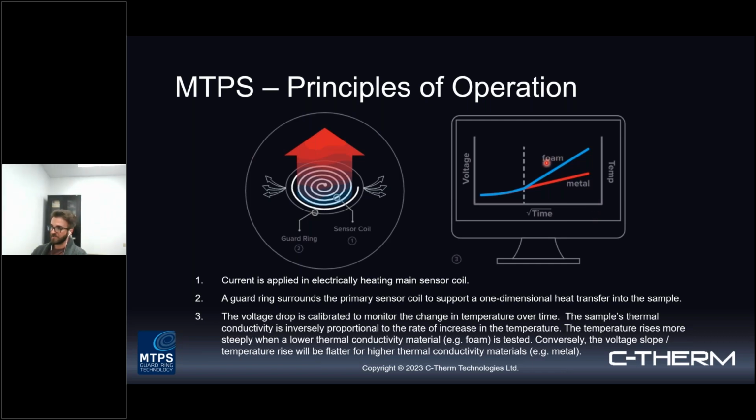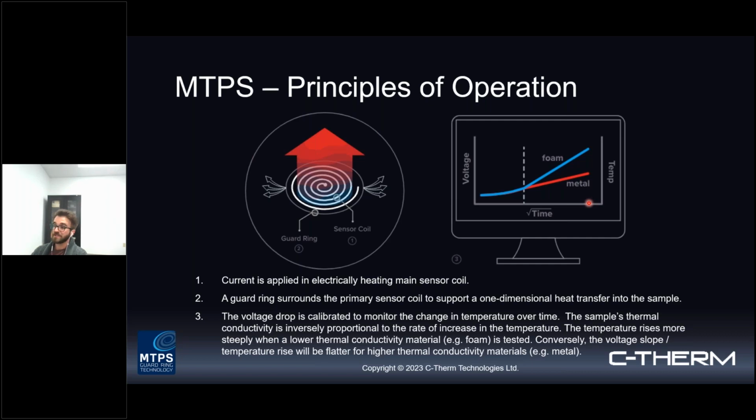As you can see, different materials, we have an example of a foam and a metal, which are really at two opposite ends of that thermal conductivity range, will respond quite differently to that temperature rise. With the foam, you'll see a much steeper rise in temperature, whereas a metal will be much flatter. But essentially it's the rate of change observed over the measurement duration that's used to determine the thermal properties of the sample.